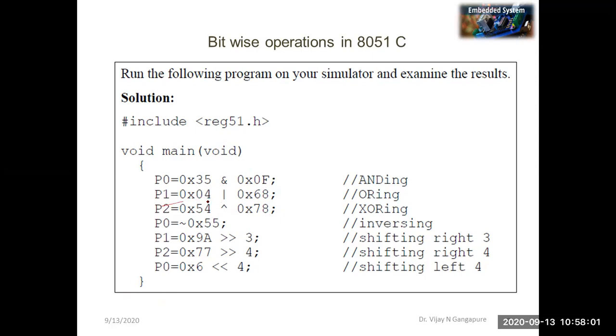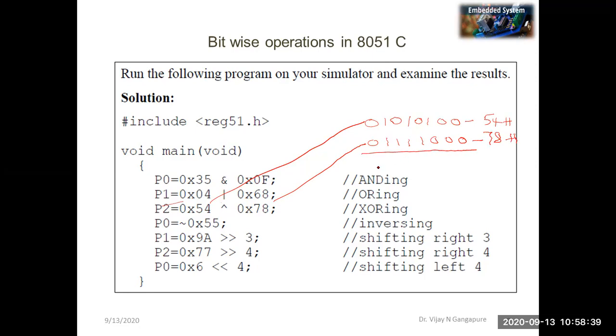0x54 means 0 1 0 1 and 0 1 0 0, so this is 54H. And next is 78. 0x78 means 0 1 1 1 1 0 0 0, so this is 78H. Now the bitwise XOR operator.